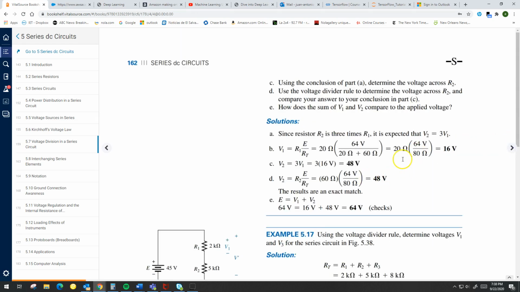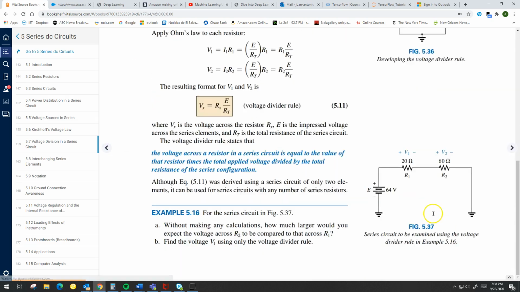And that's what you have here. See? It gives you 16 volts. All right, so make sure you practice that. Make sure you understand what I just described, and using this equation.